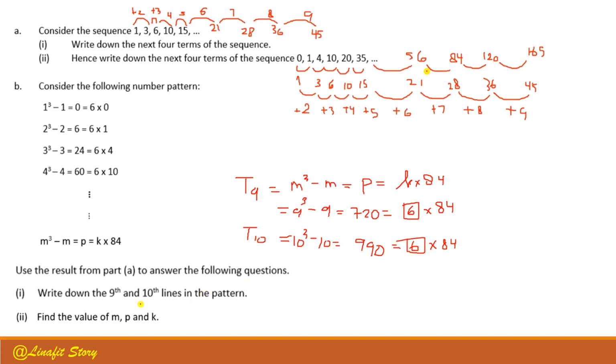Question B. Find the value of m, p, and k. So over here, we know that the general term of the sequence is m cubed minus m is equal to p is equal to k times 84.